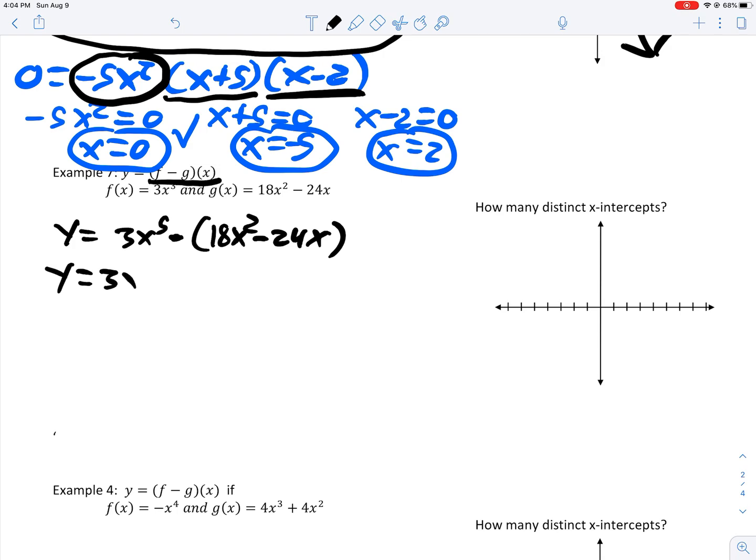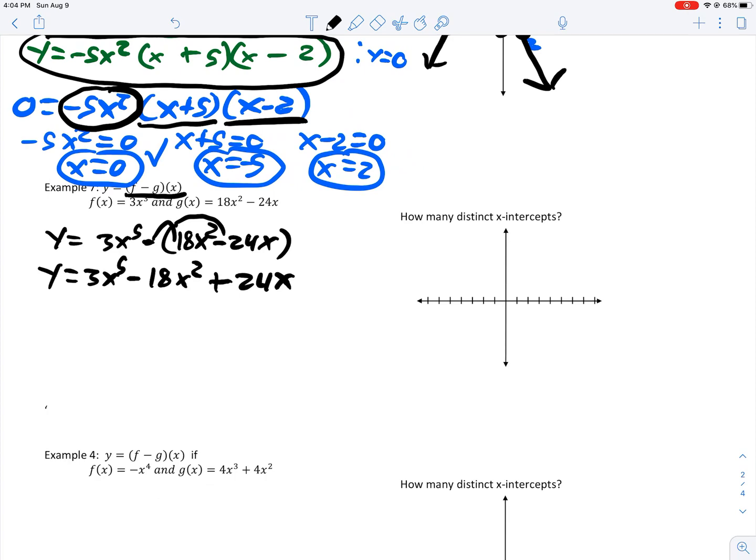So this is 3x to the 5th minus 18x squared plus 24x. That's a tricky one. You have to remember that minus, you have to distribute that through. So now we're in standard form.